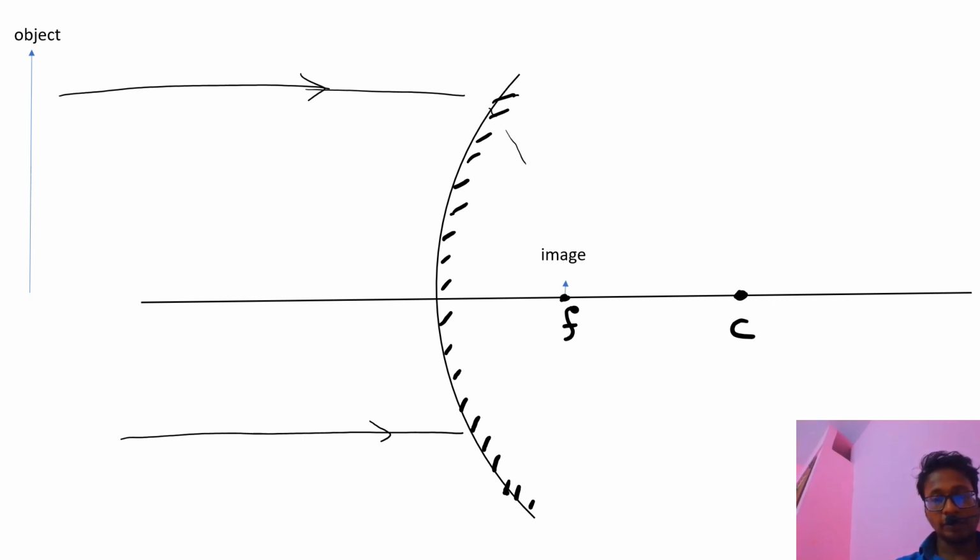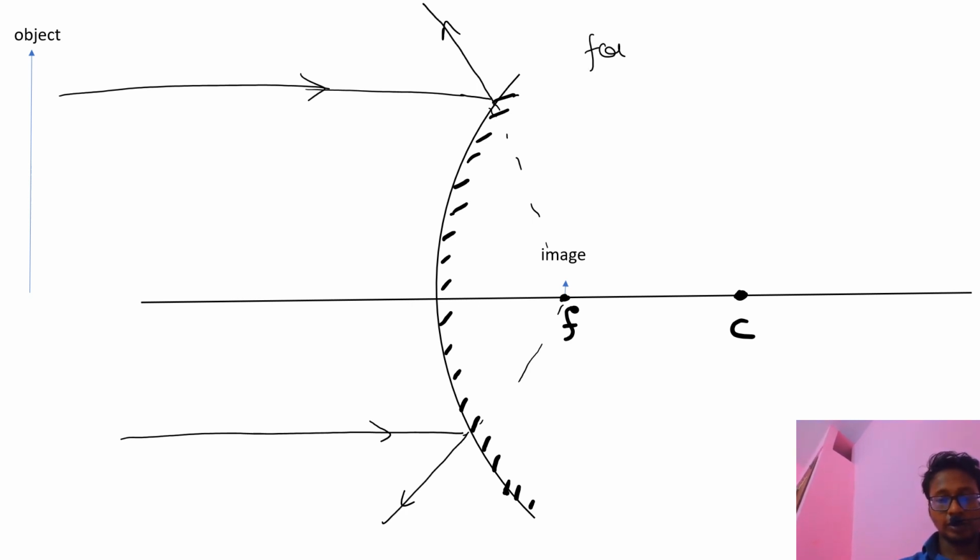These parallel rays of light will reflect back in this direction, and this ray of light will reflect back in this direction, and the virtual image will be formed at focus. For an object which is at infinity, a virtual image would be formed at focus.